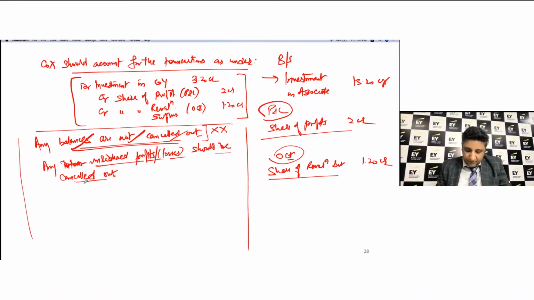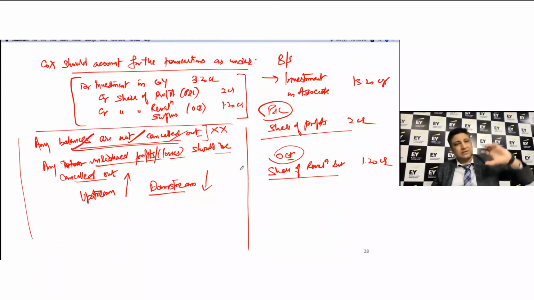You would remember we talked about upstream transactions and downstream transactions within the consolidated financial statements framework. They're all around. So the investor can sell to the associate and also vice versa. There could be a very clear business transaction on that.